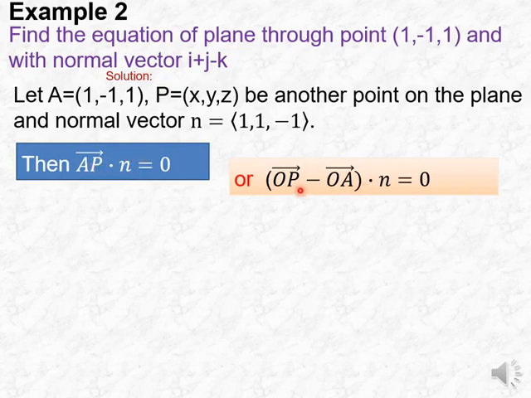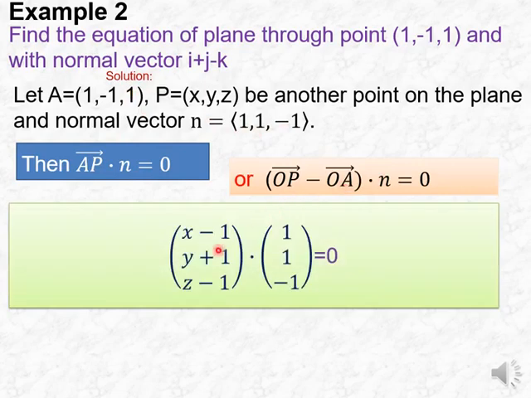But AP is the same as OP minus OA, and our OP is the vector (x, y, z), and OA is the vector (1, -1, 1). So when we substitute them in this expression and dot with the normal vector, and we simplify, this will be x times 1 minus 1, plus y plus 1, minus z plus 1.